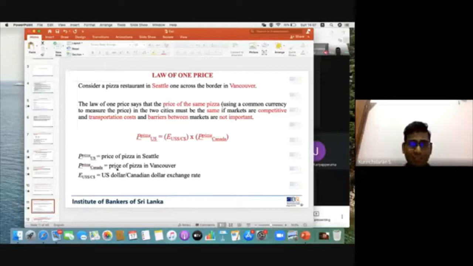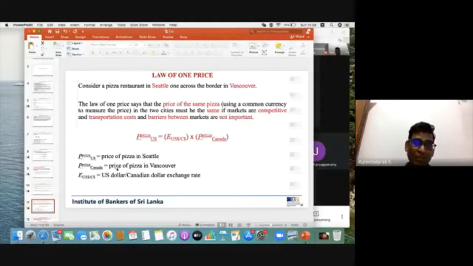Right? Look at this formula. Now, the price of pizza in the US should be equal to the price of pizza in Canada when converted to a common currency. How can you convert Canadian dollars into US dollars?